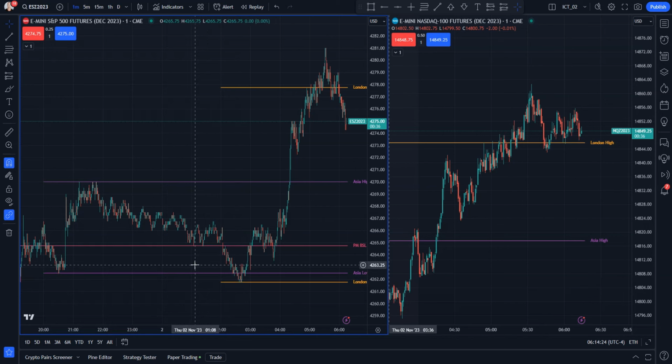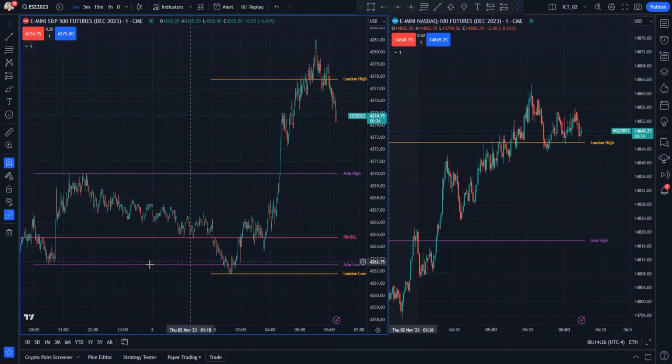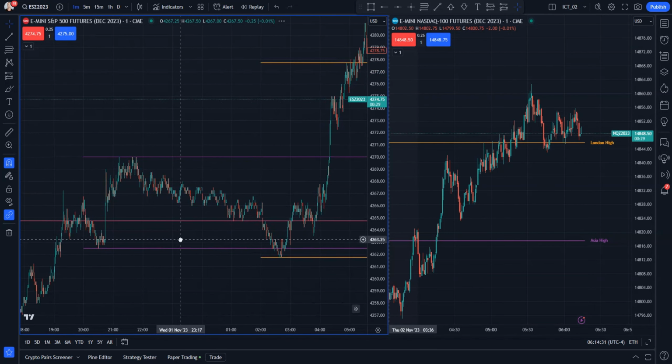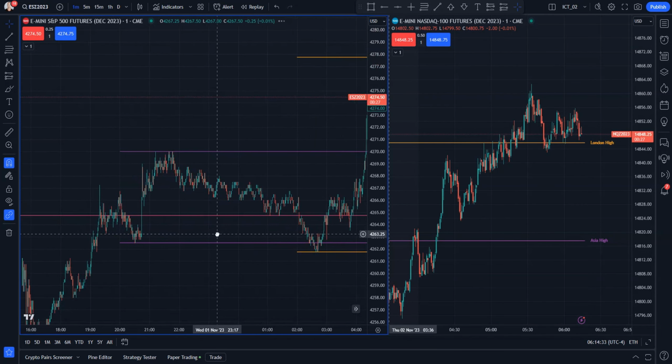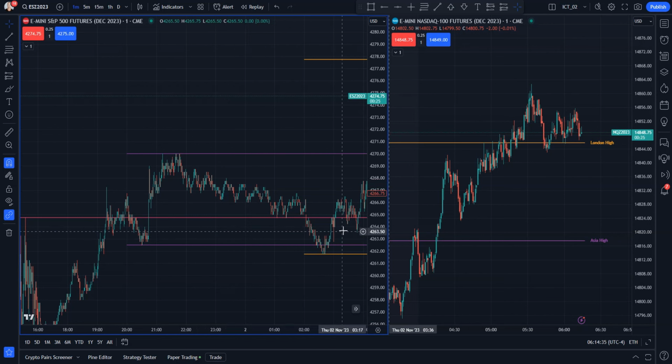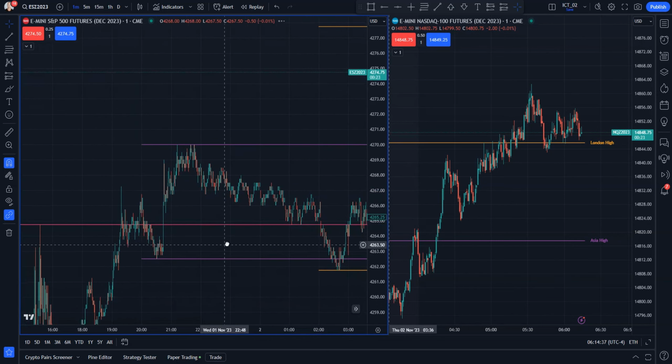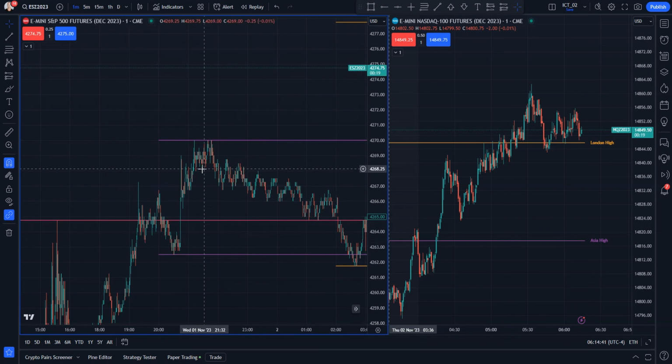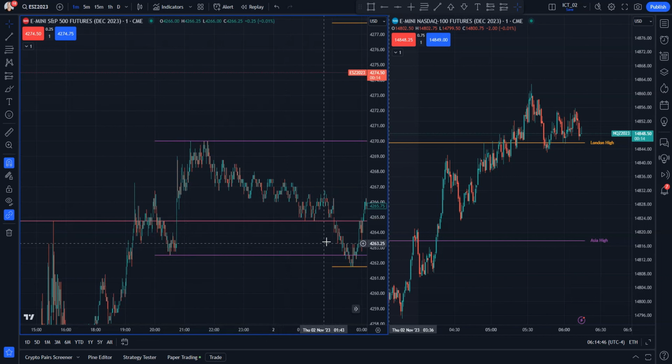So here's a good example. This morning, or early morning for you guys in the eastern part of the US, if you look at, for example, this is the Asia high, this is the Asia low, and the market traded like this on the 1 minute.